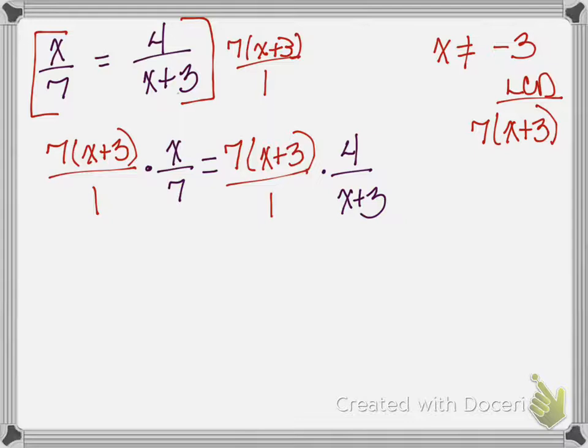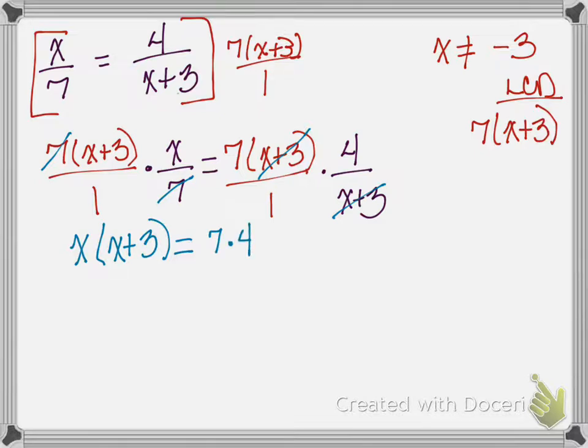Now, I'm simplifying. I have my 7 and my 7. What am I going to have to do with that X? Distribute. So I'm going to have X times X plus 3 equals 7 times 4.